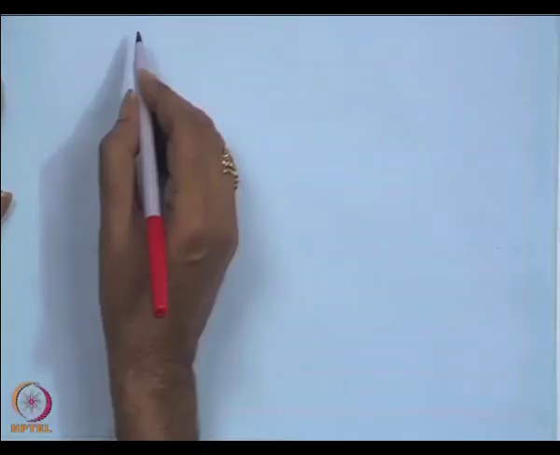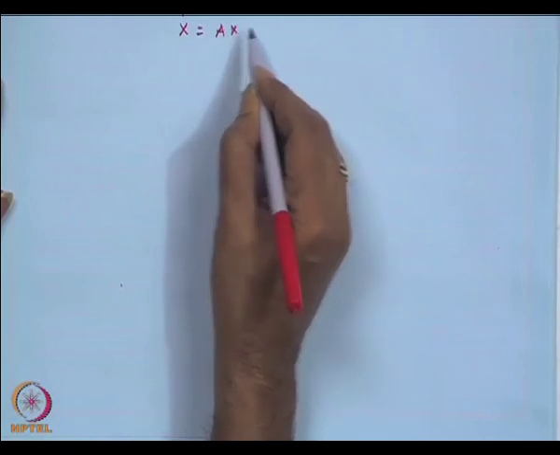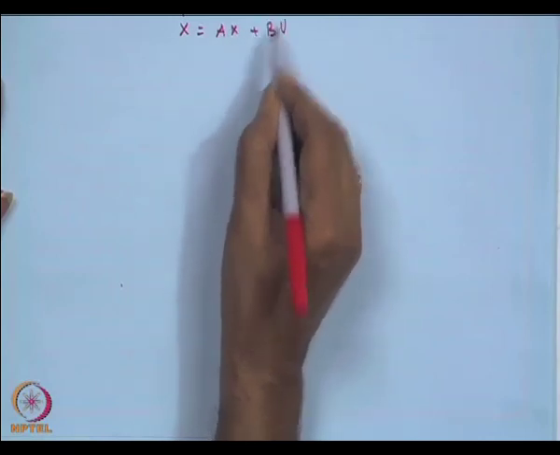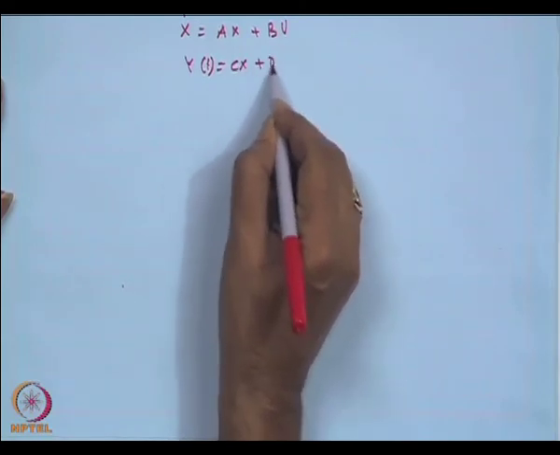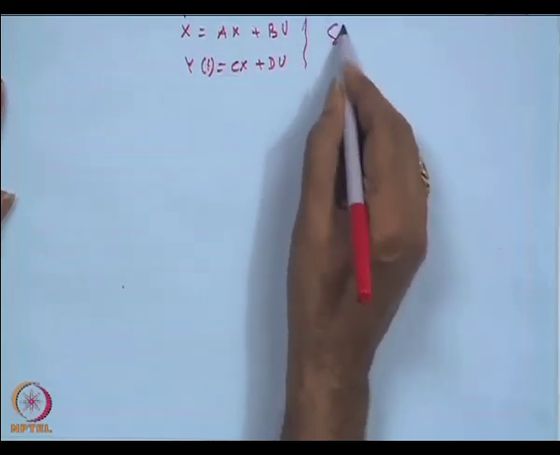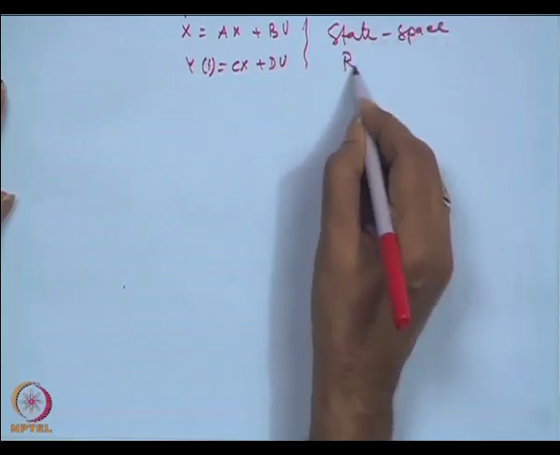Agree? So, state space to transfer function model: suppose I have, let us call, x dot is equal to A x plus B u and y is equal to C x plus D u. This is a state space representation.